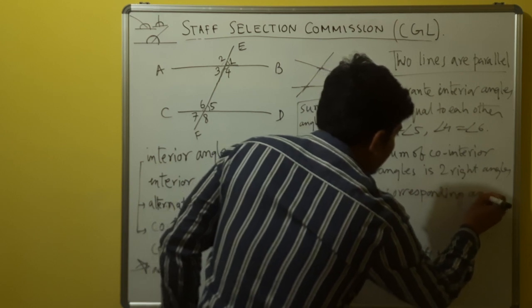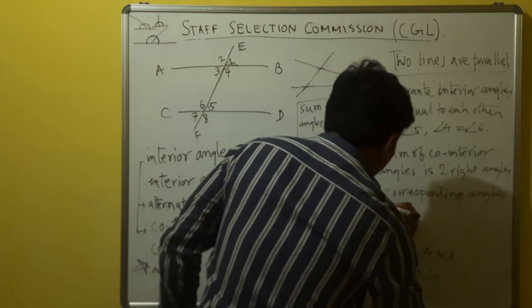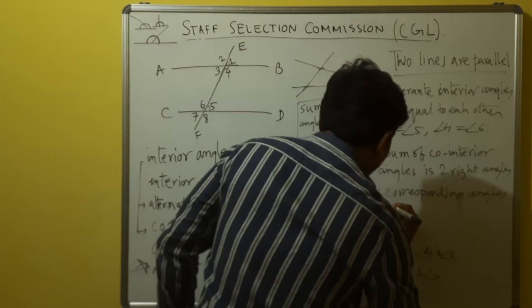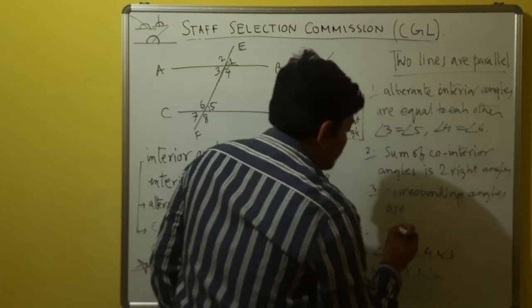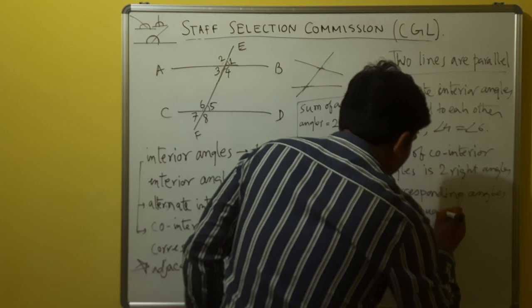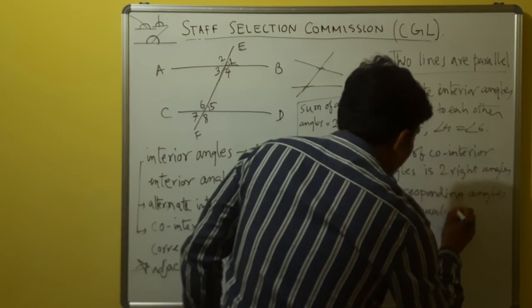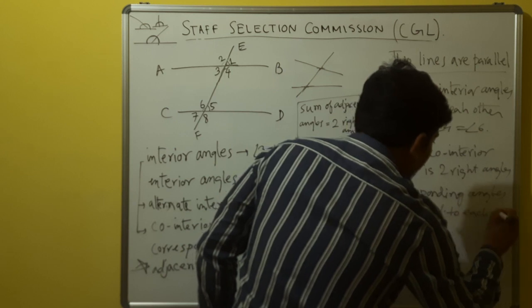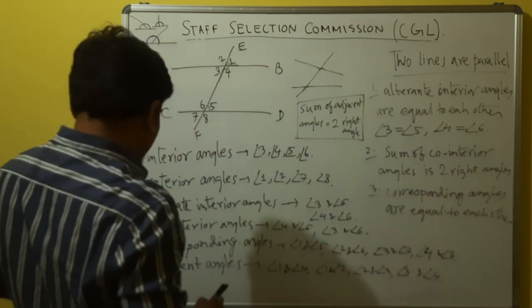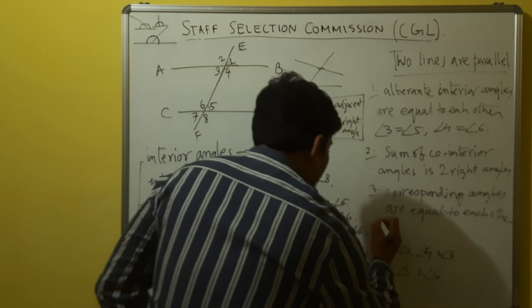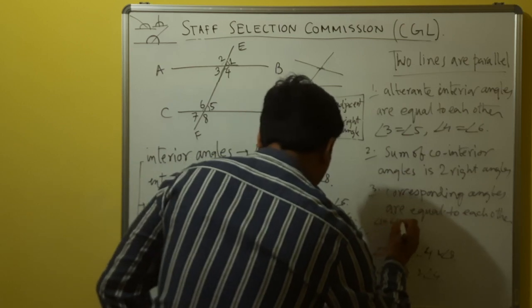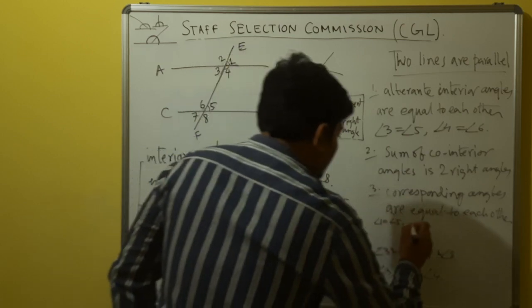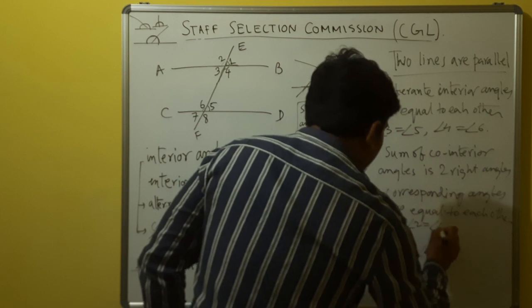Corresponding angles are equal to each other. Then what will happen? Corresponding angle 1 equals 5, right? 2 equals 6.